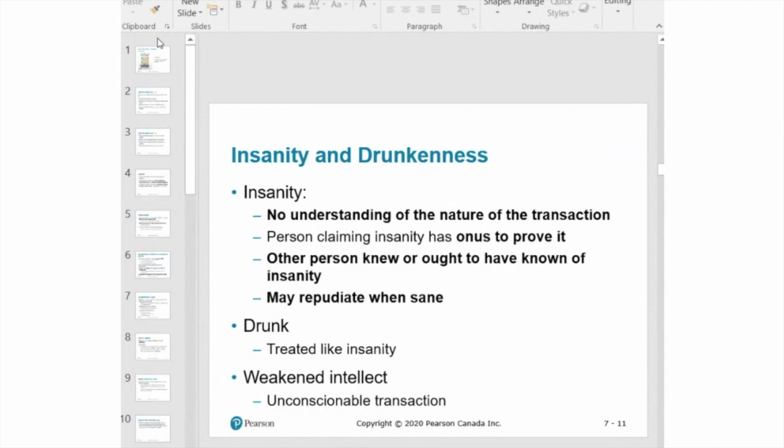Okay? So let's say you are drunk, you are at a casino, and you want more money to play more. So you sell your $1,000 smartphone for $100. The person you sold it to knew you were drunk because they saw you drinking the whole night. So in this case, your chances to get your smartphone back would be higher.